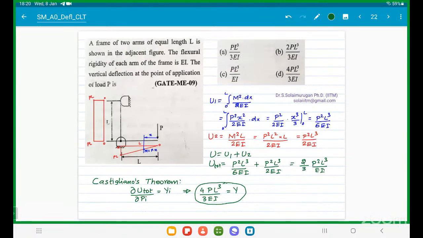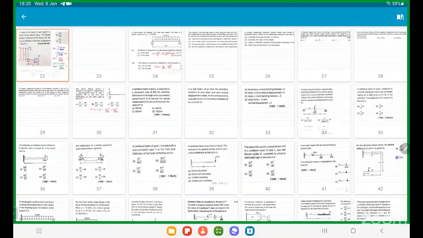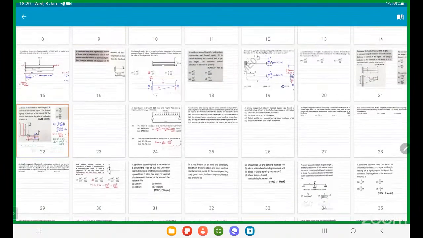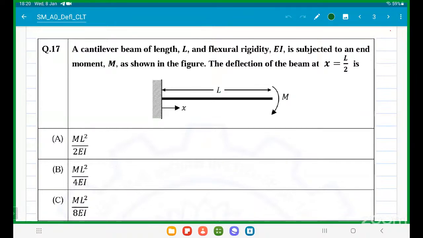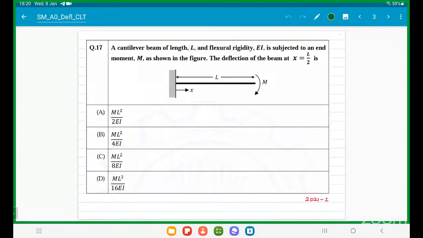Next question. Can you do this question? Can you do this?